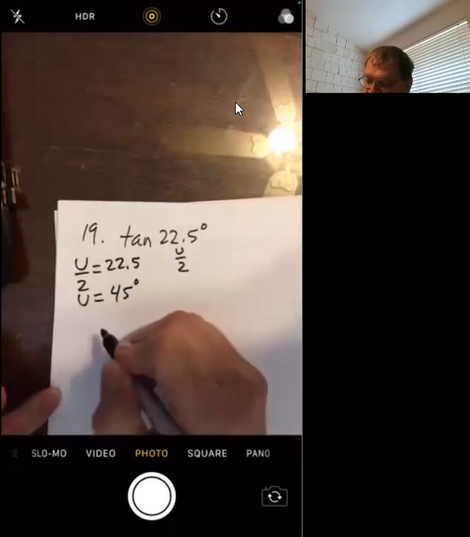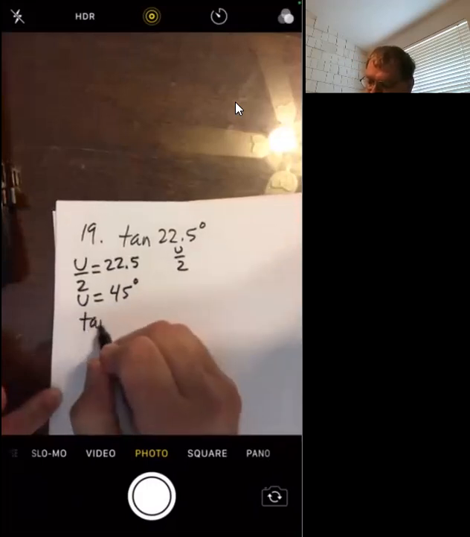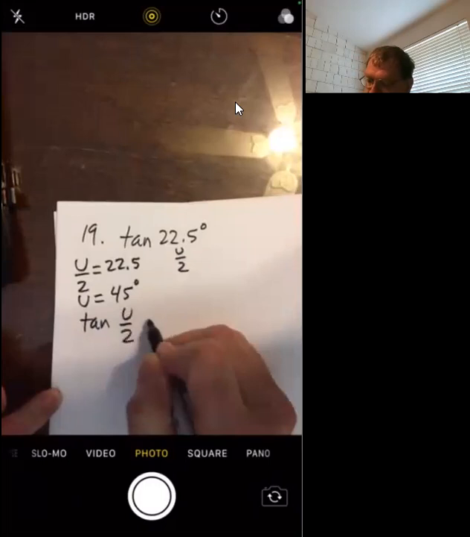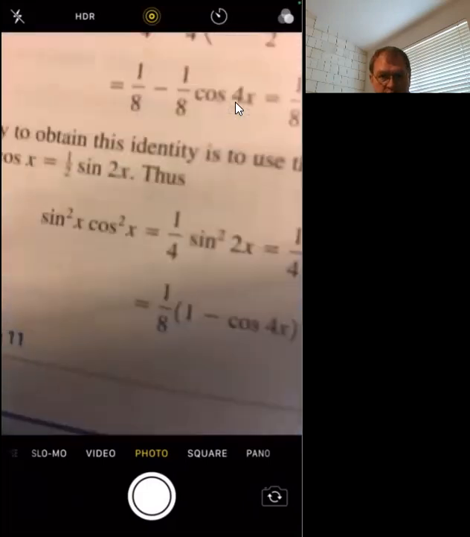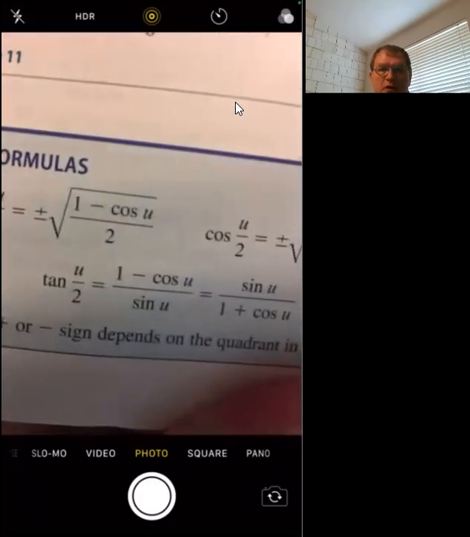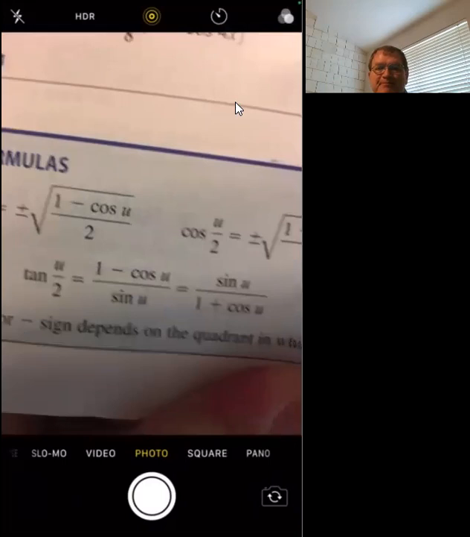And a tangent of u over 2, this is kind of one of the strange ones I don't really have memorized. You can use any of the ones at the bottom there, or you can do it as a sine over a cosine. I guess I just use the first one, 1 minus cosine over sine.